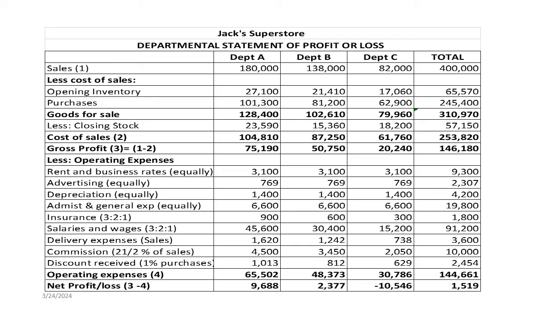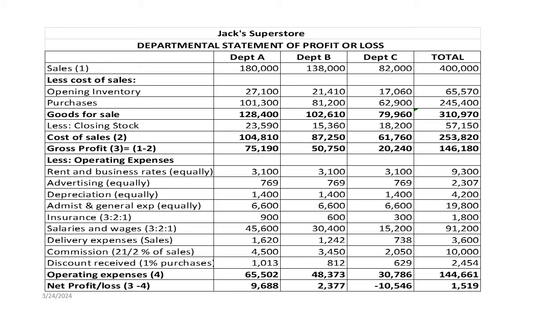The preparation of a statement of profit or loss is the same, except for the part of distributing those shared costs. For instance, sales is given, you take it as it is.